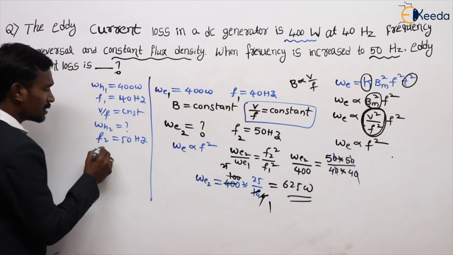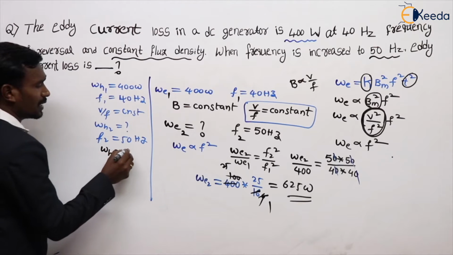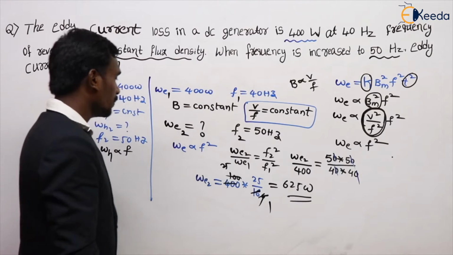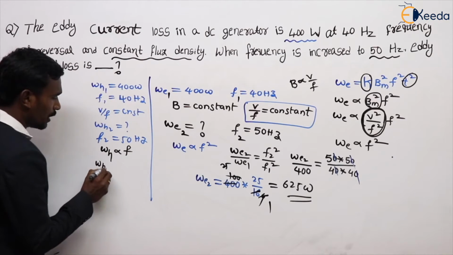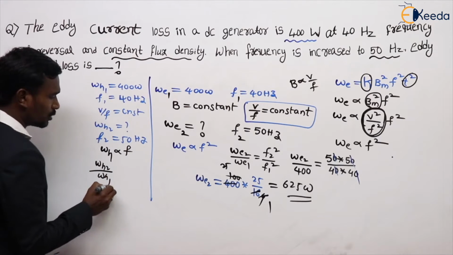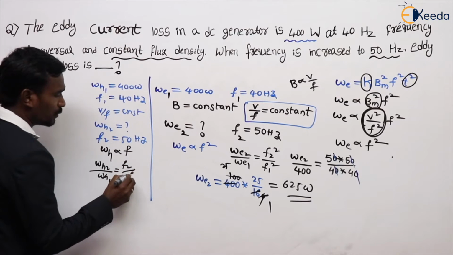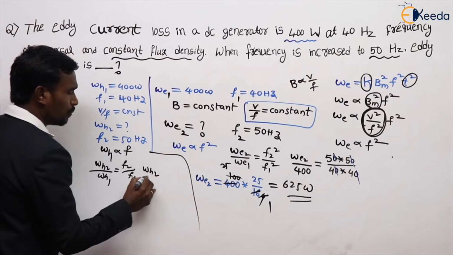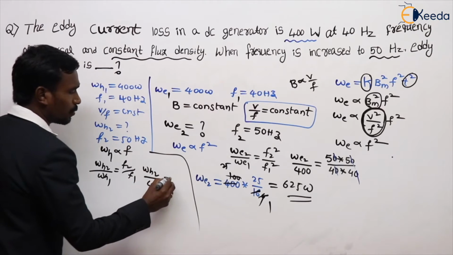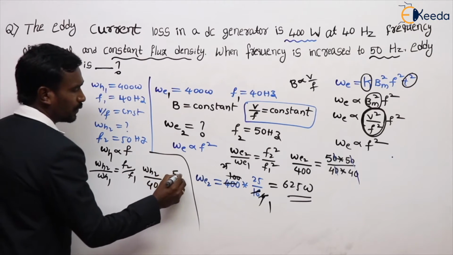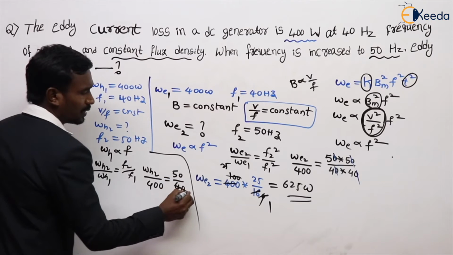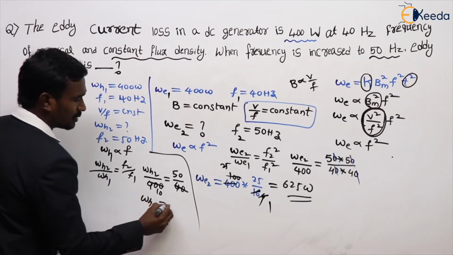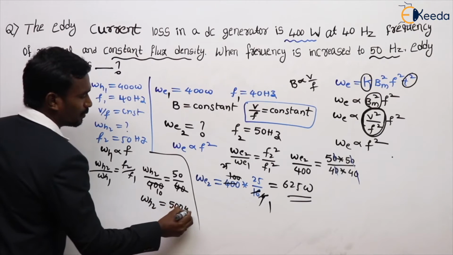When V by F is constant, hysteresis loss is directly proportional to frequency. That's it. So WH2 by WH1 equals F2 by F1, which is WH2 by 400 equals 50 by 40. So the hysteresis loss equals 500 watts.